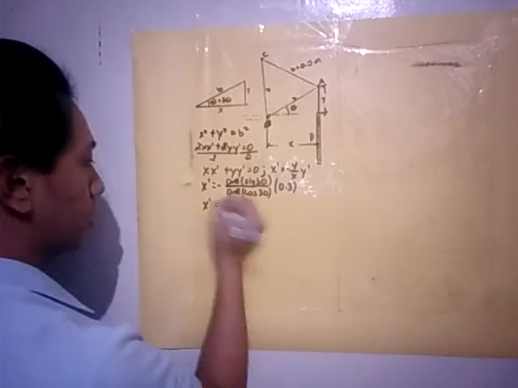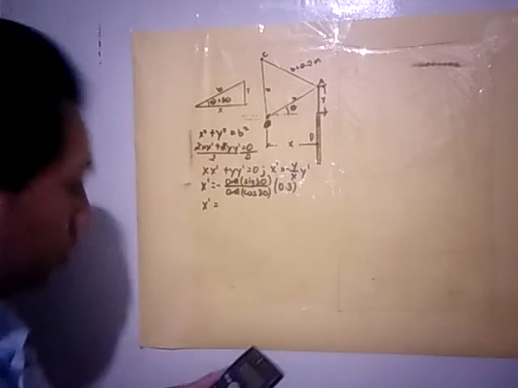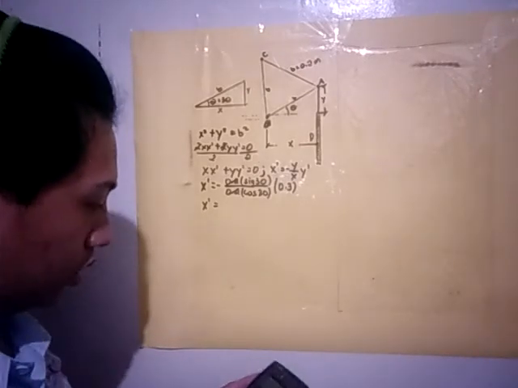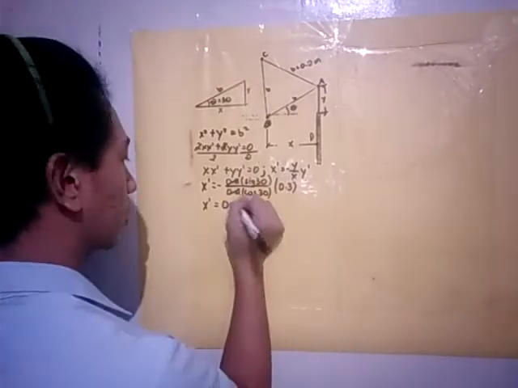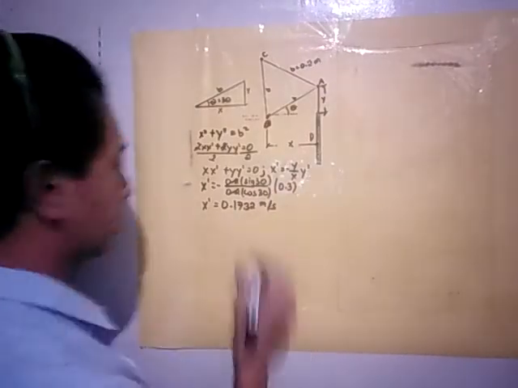Our x prime, or velocity at point B, is equal to tangent 30 times 0.3. So it is 0.1732 meter per second.